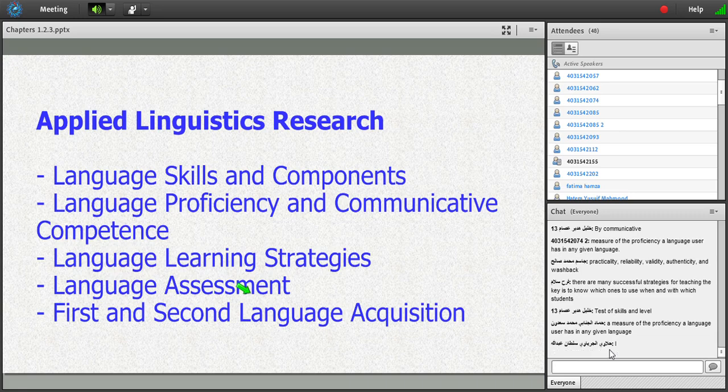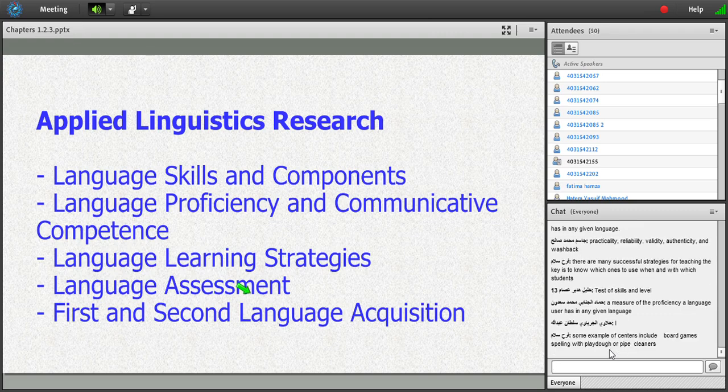By language assessment, we mean different types of tests like achievement tests, like proficiency tests, like placement tests. We mean the topics like criterion-based testing. So language assessment is related to what you study in the testing course. And all those topics can be the source of research in applied linguistics.